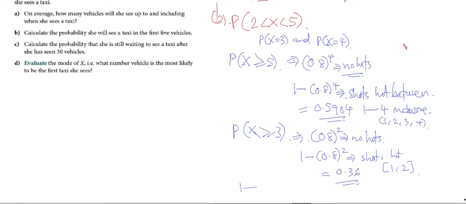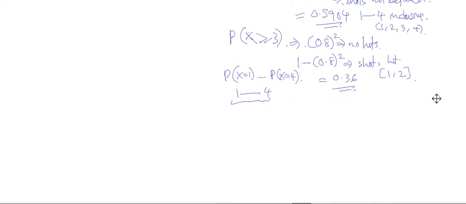So P(X equals 1) all the way to P(X equals 4) is 0.5904, and we subtract the probability of X equals 1 and X equals 2, which is 0.36.